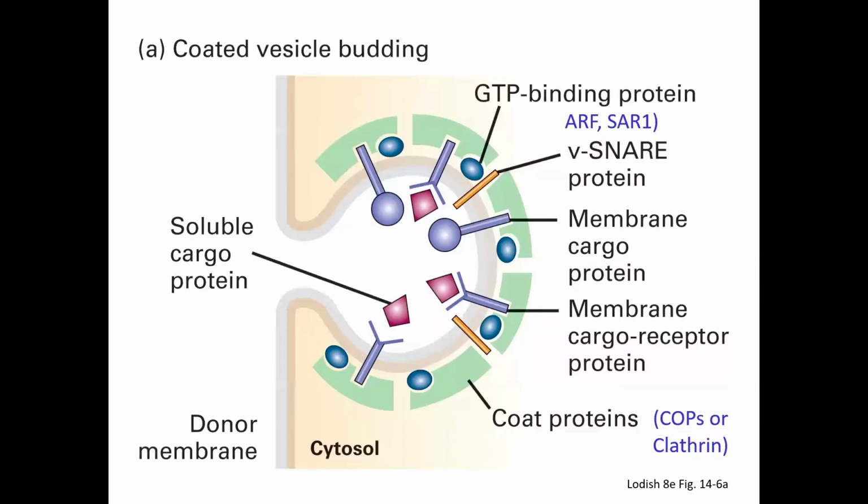And these are the GTPases like the SAR1 or the ARFs, which are anchored on the membrane, and these green parts are the coat proteins, which provide the mechanical force to pinch off the vesicle, essentially. So know this, that's what's happening here.